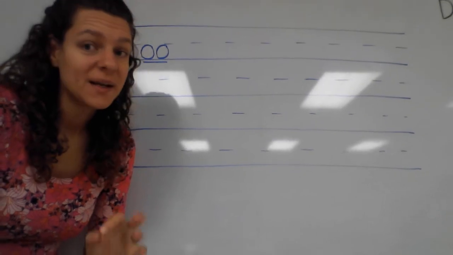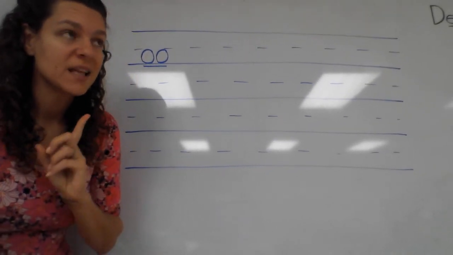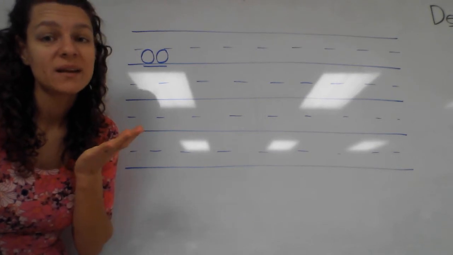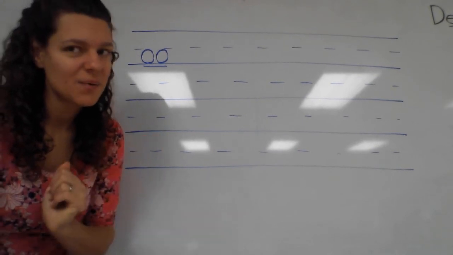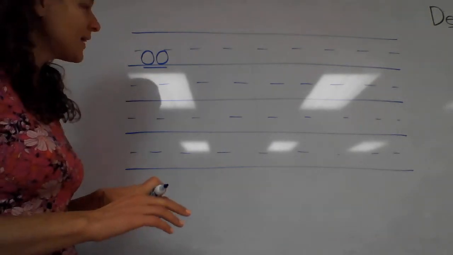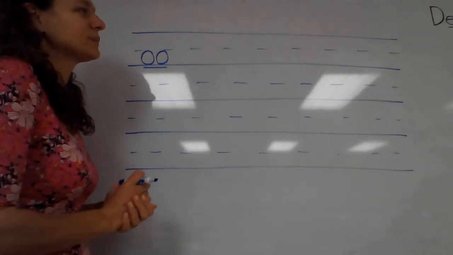All right, our next one is the phonogram that just says E. What are you going to write? Good. E. Say it while you write it. All right, class, what did you just write?